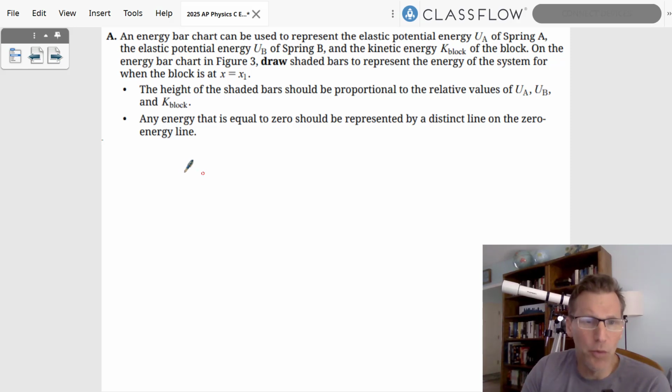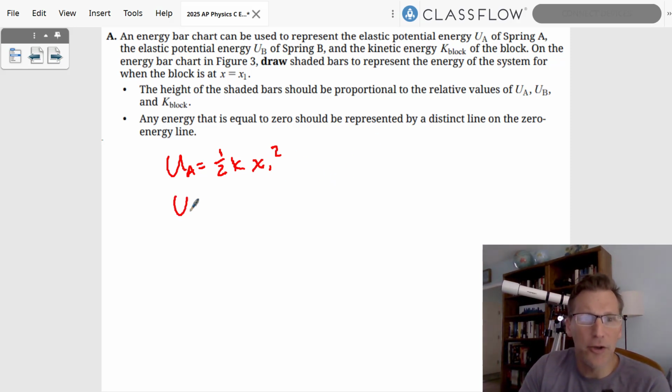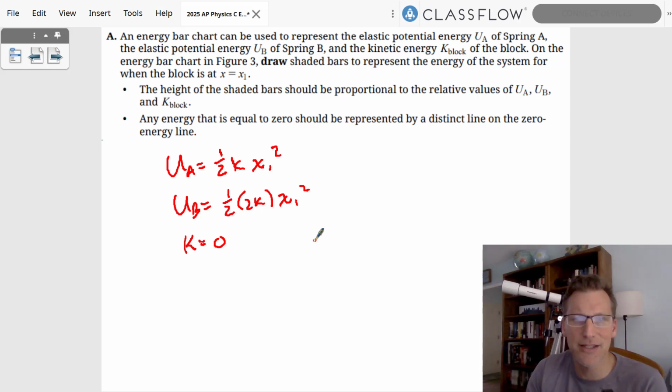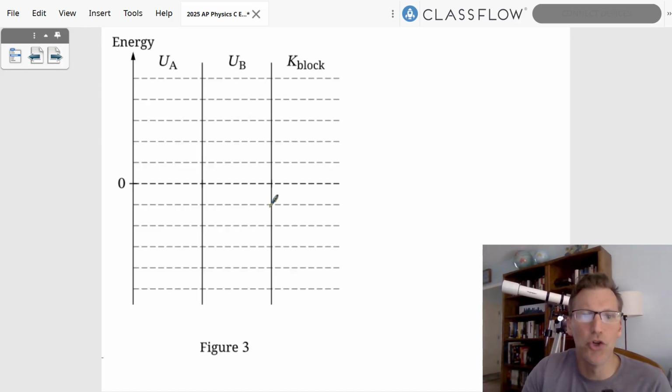The potential energy of spring A is going to be 1/2 k x1 squared, where the potential energy of B is going to be 1/2 of 2k times x1 squared. It's at rest, which means the kinetic energy is 0 here. And so we're going to do a little bar graph of the potential energy of A. We're going to consider this to be 1/2 k x1 squared.